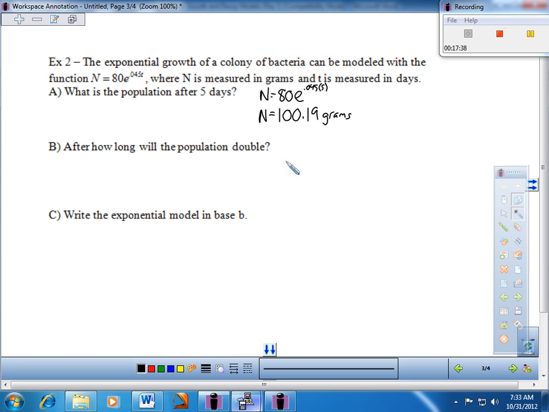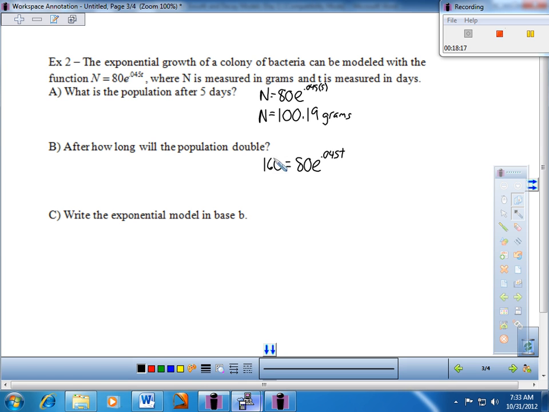In this case, I have a feeling we're going to solve for t. And so I start out with e raised to the 0.045 times t. Remember what each little value represents, and I think you've got a good shot at this. In this case, I'm going from 80 probably to 160 in terms of the doubling. And notice what happens here.